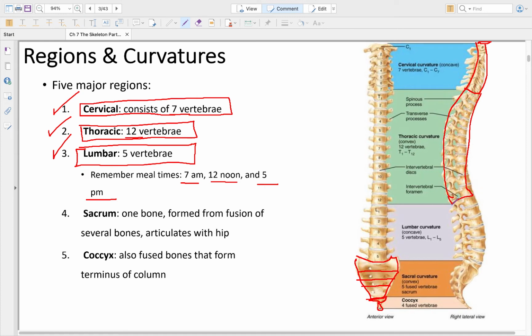And then the lumbar is also concave. So concave, convex, concave. Technically, I guess this would be convex, the sacrum and coccyx bone. And of course we have the intervertebral discs.